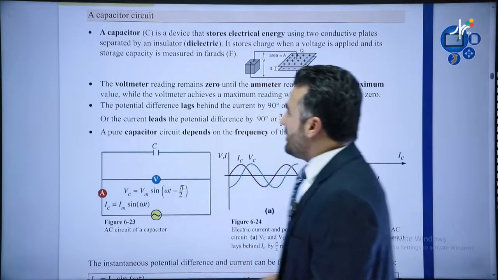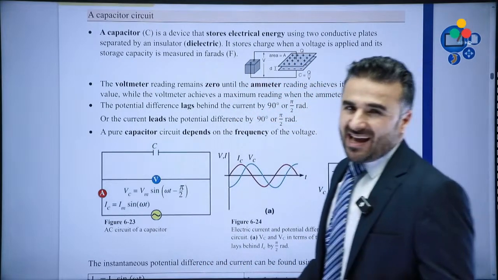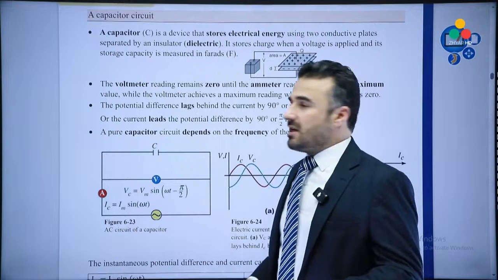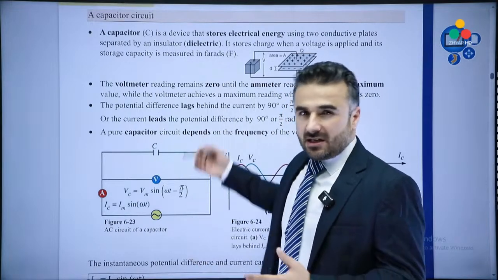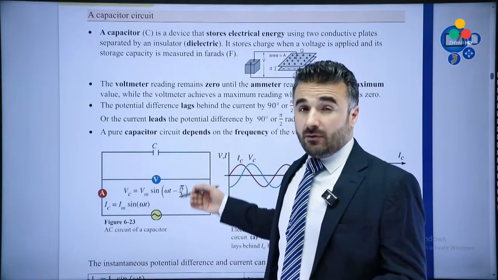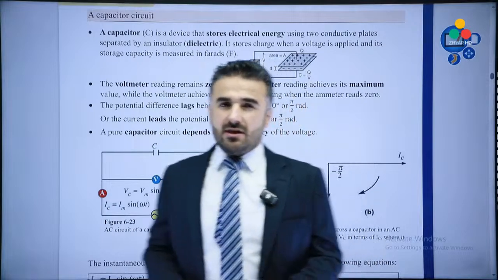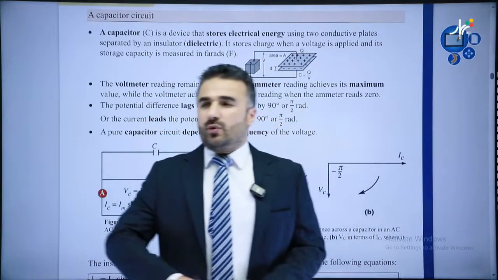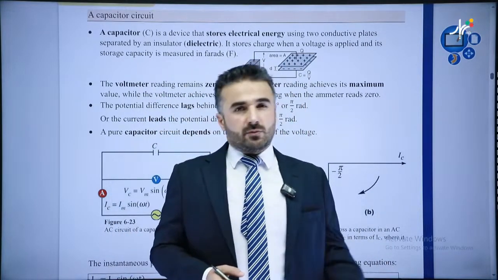And after that, we said, remember, once we connect an ammeter with the circuit that is connected to the capacitor, and a voltmeter across the capacitor, we will see that the reading of the ammeter reaches maximum while the voltmeter is still reading 0.